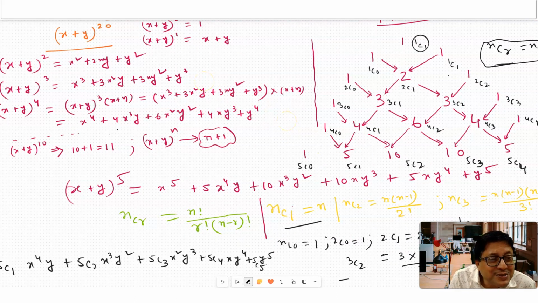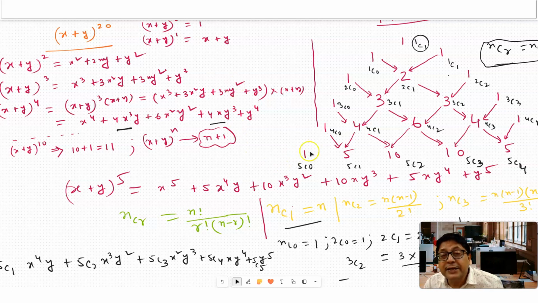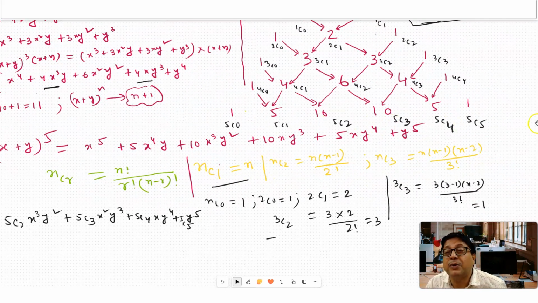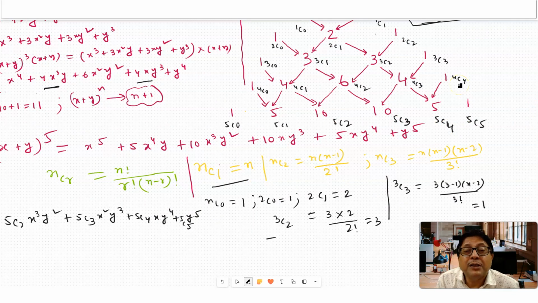Isn't it? You just see in (x + y) to the power 4, the second coefficient is 4 and here it is 4. So second from the beginning and second from the last have the same value. Similar is the case for (x + y) to the power 5. See, this one is third from the beginning, first, second, third, and this one is third from the end, 1, 2, 3.